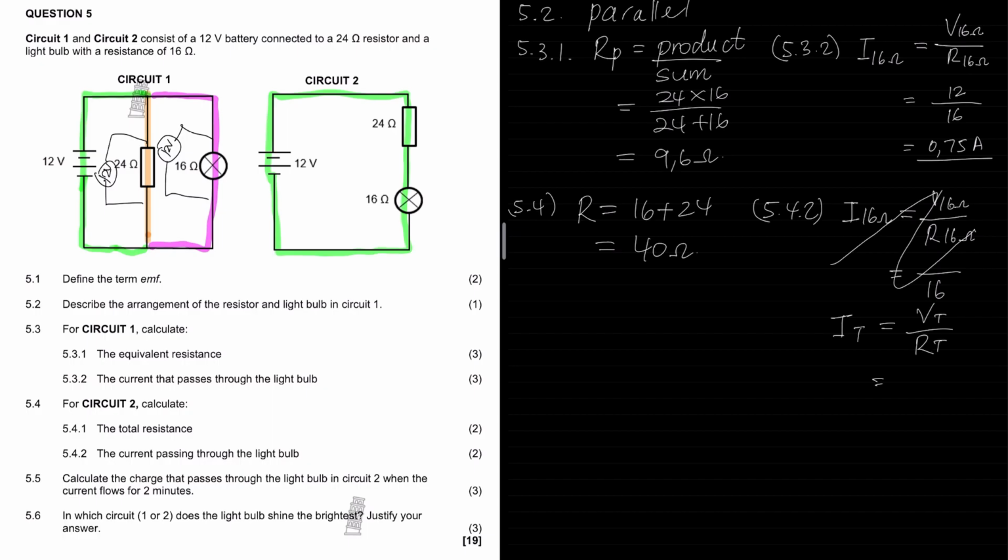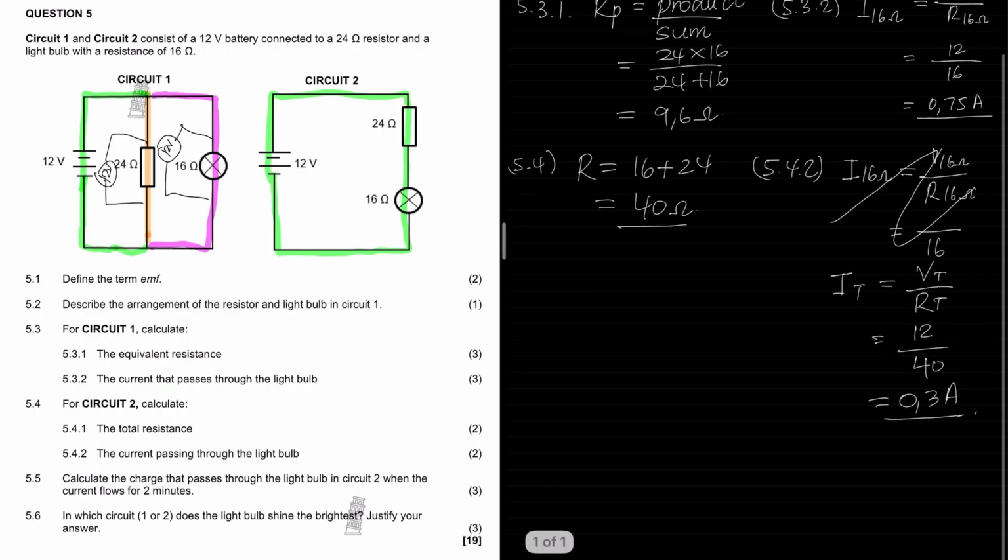The total current in the circuit will be the total voltage, or the voltage of the battery, divided by the total resistance in the circuit. We know the voltage of the battery is 12, divided by the total resistance of the circuit, which we just worked out, 40. So 12 divided by 40 is equal to 0.3 amperes.